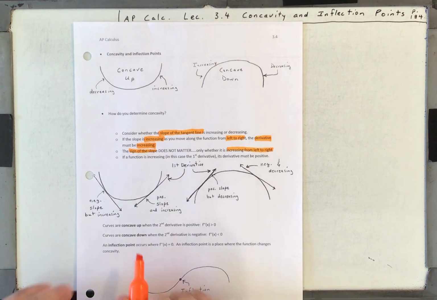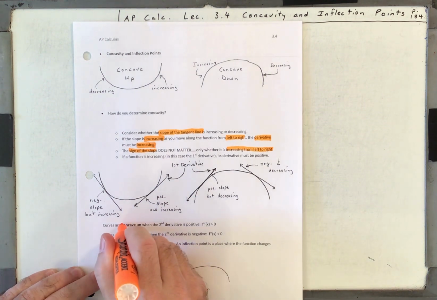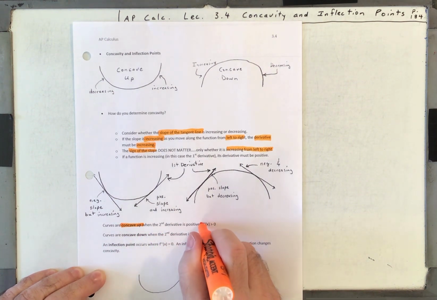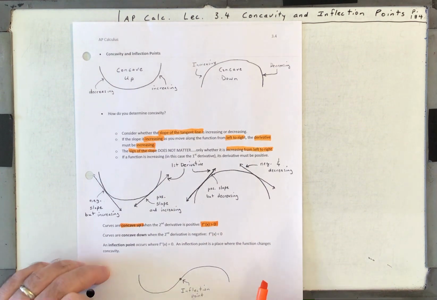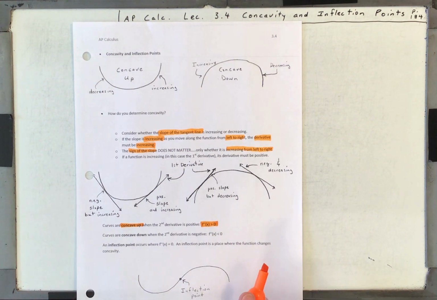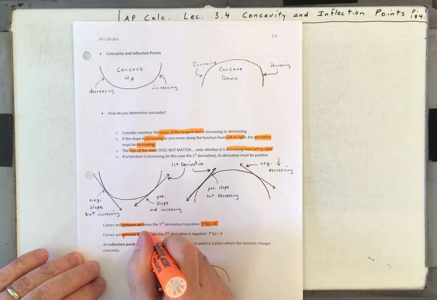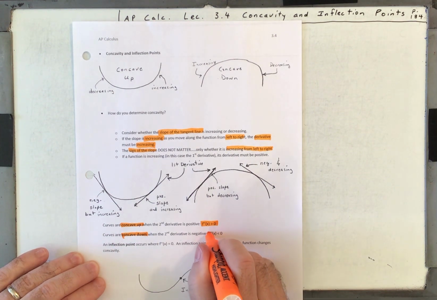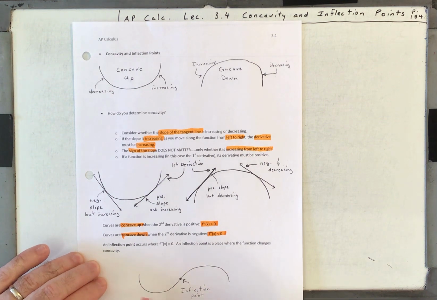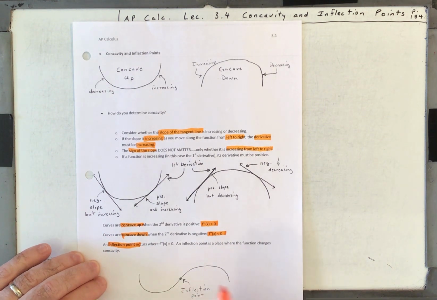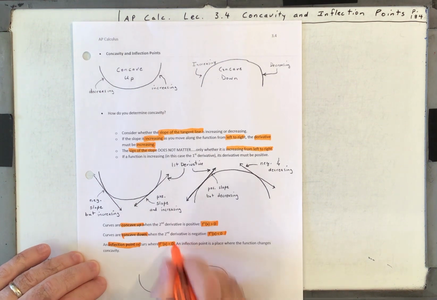So curves are concave up when the second derivative is positive, f double prime of x greater than 0. Curves are concave down when the second derivative is negative. An inflection point occurs where the second derivative is equal to 0.